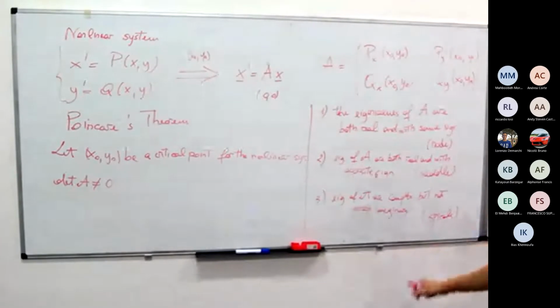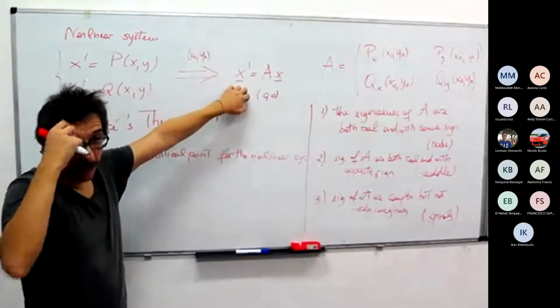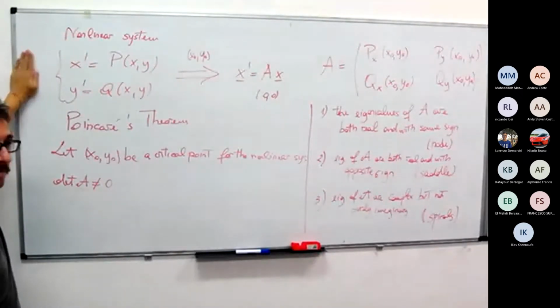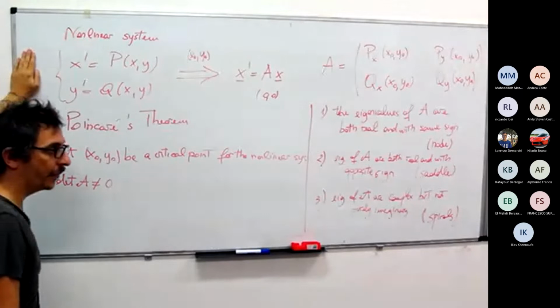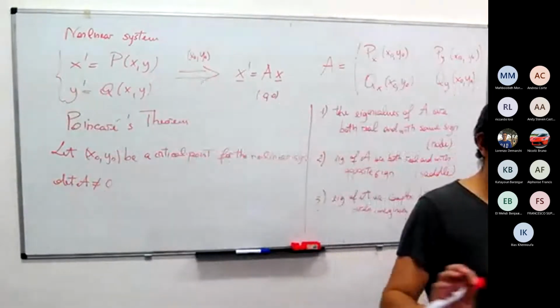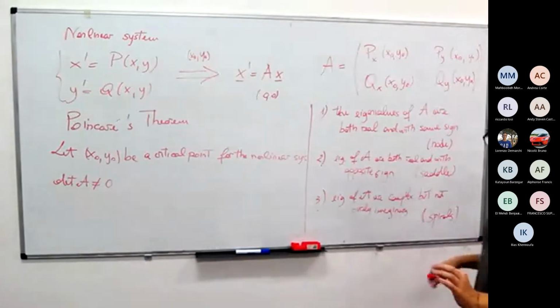Okay? So a spiral for the linear system will correspond to a spiral for the nonlinear system. Fair enough. The point is that I cannot say anything for the center.